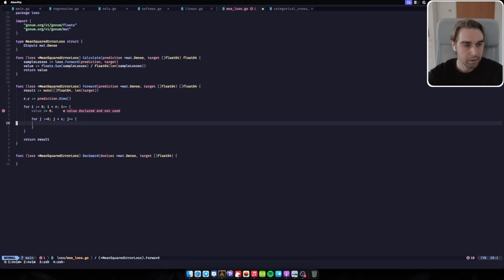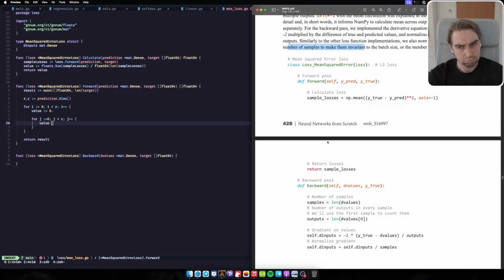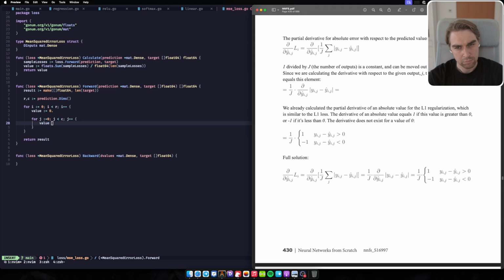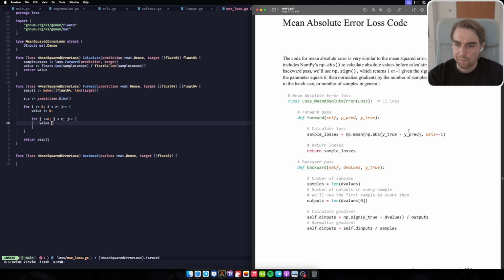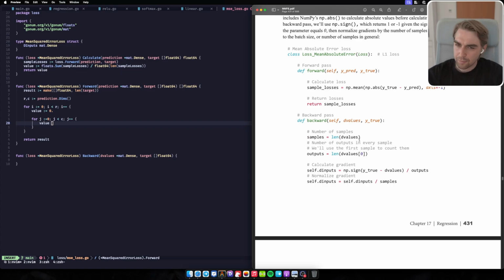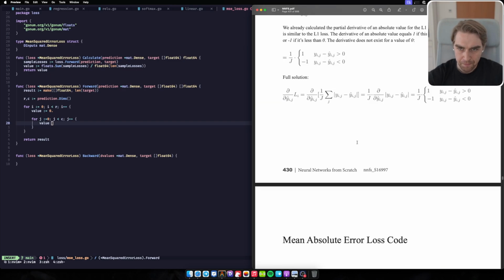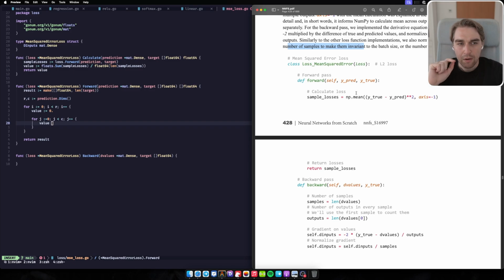Okay, what do we do? First, we need the value to equal... wait. By the way, here the predictions should be, this will output a scalar.